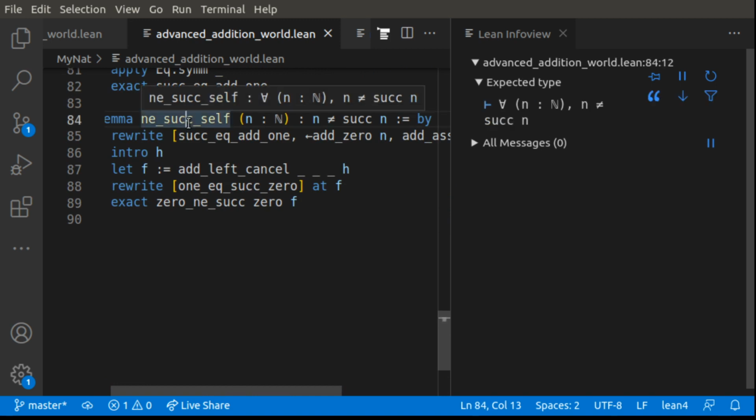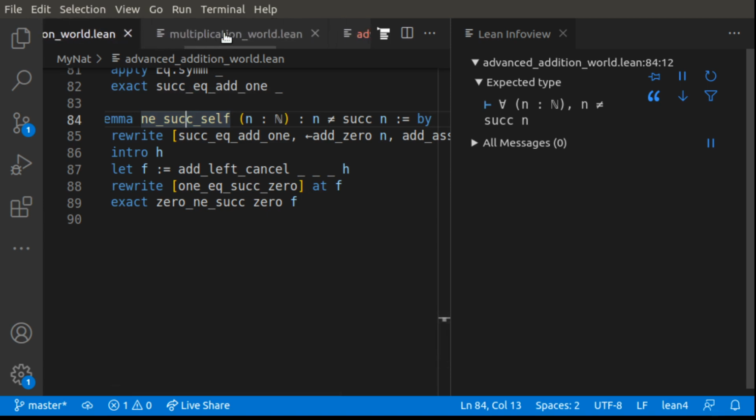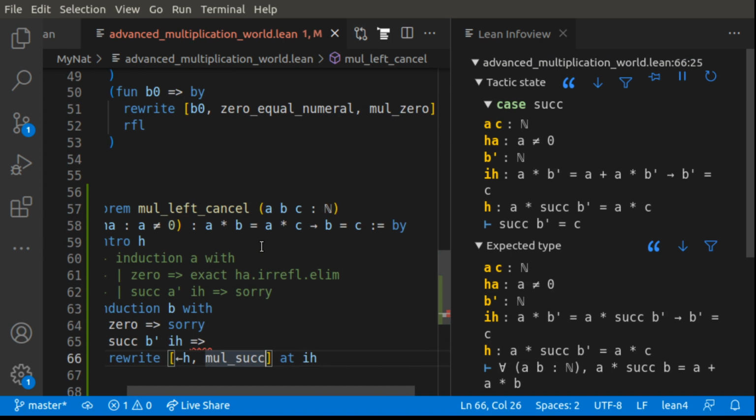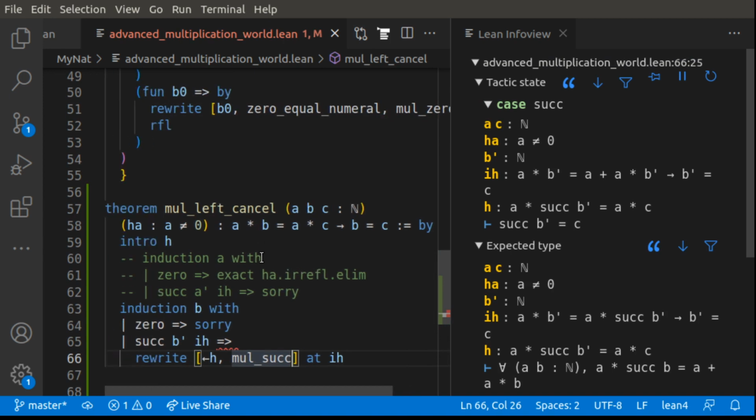Okay, that's promising. I think I can massage this into some sort of contradiction, and then we'll be good.